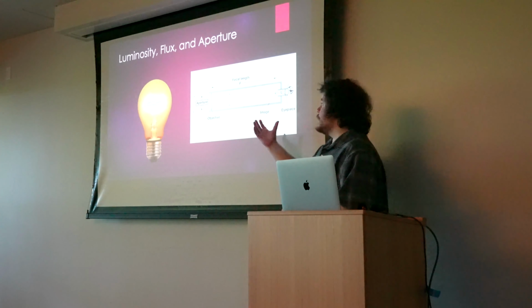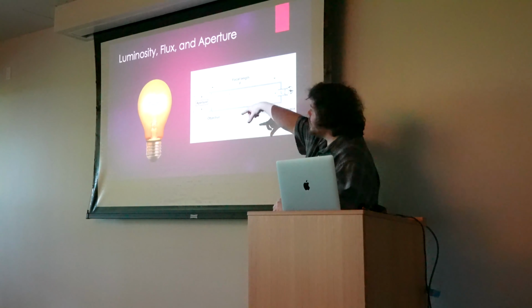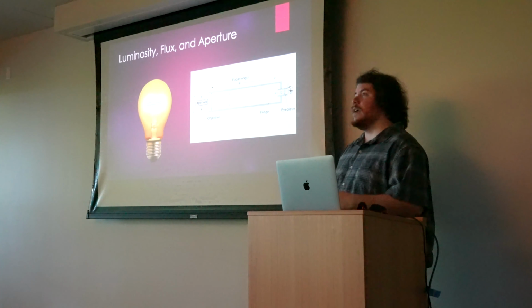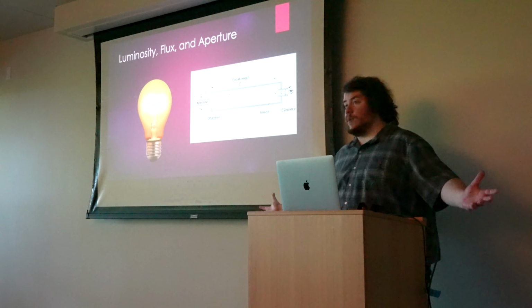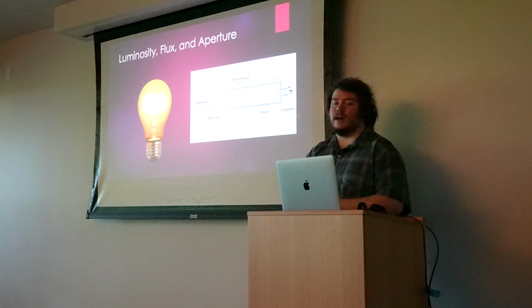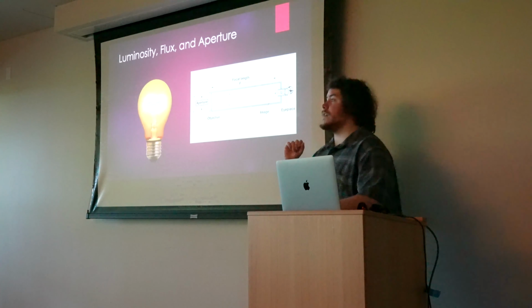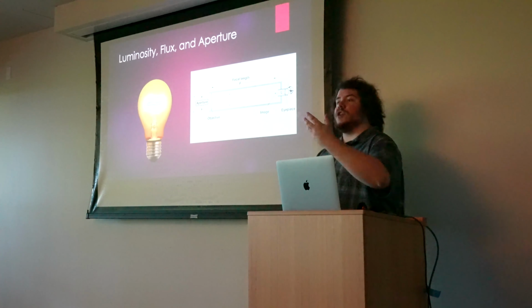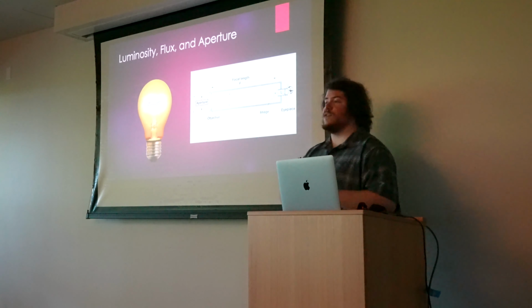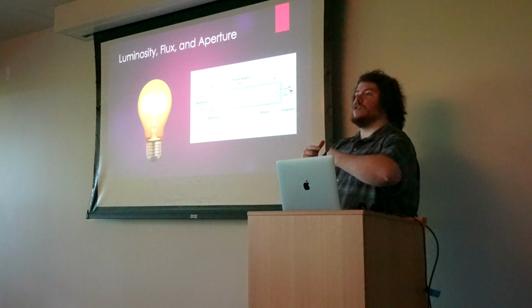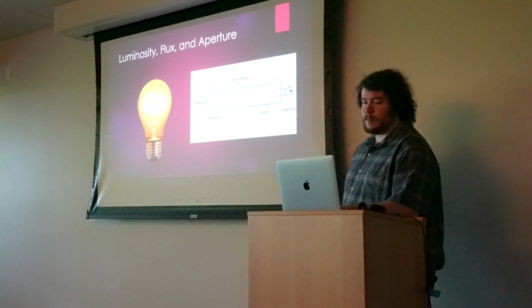If it's a lens-based telescope, it's how big that outside lens is. If it's the JWST, then it's the size of the mirror array that it uses to collect light. And lastly, flux is just the count of how much of that luminosity passes through the aperture. That allows us to gain understanding of how much light we're actually receiving.